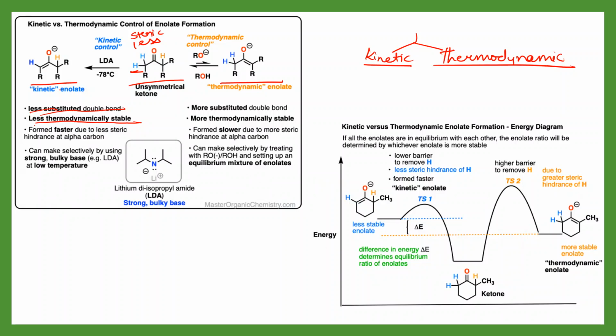And we know in chemistry, a more substituted double bond is thermodynamically more stable. Why is the kinetic one formed faster? Due to less steric hindrance at the alpha carbon. So if you want to make the thermodynamic enolate, you have to give room temperature or very high temperature, and you have to use a relatively lighter base. LDA comes under the category of bulkier bases.